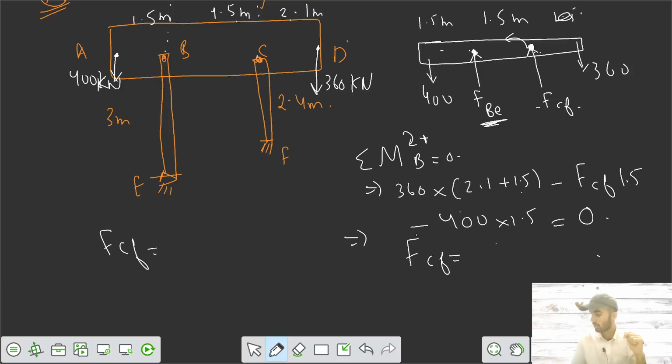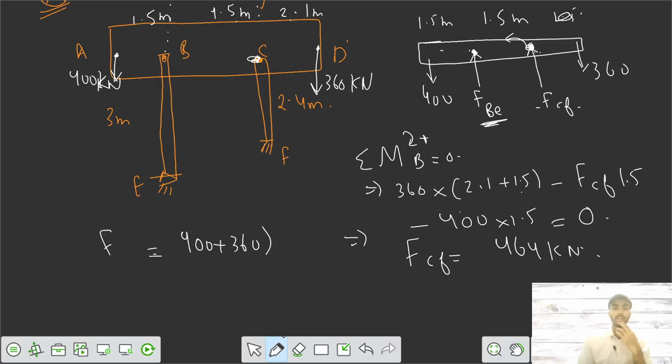That's equal to 464 kilonewton. So you can now get the value of FBE if you apply summation of moments about point C equals 0. Or we can say by equilibrium of forces in the y direction, the downward force was 400 plus 360, and the upward reaction was because of FBE and 464.